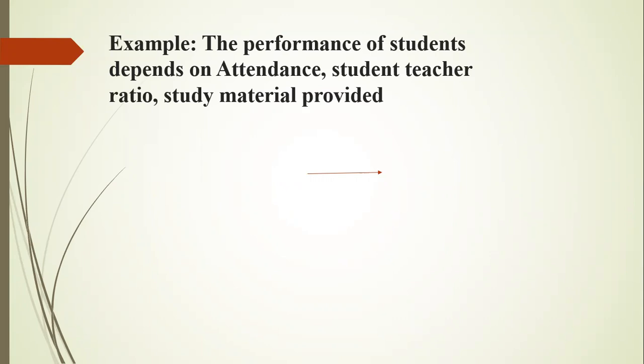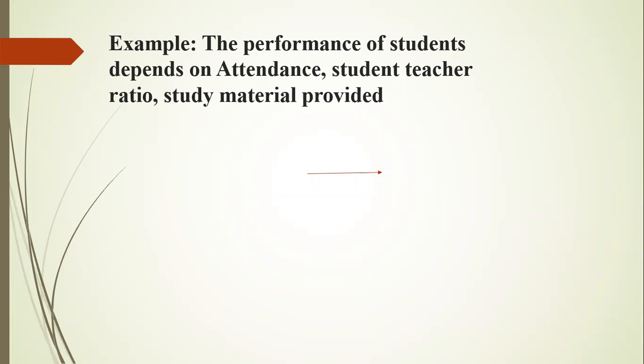It will depend on attendance. It will depend on study material provided. My performance will depend on student teacher ratio. Attendance, student teacher ratio, study material are known as independent variables. The independent one stands on its own and can influence something. It can influence performance.